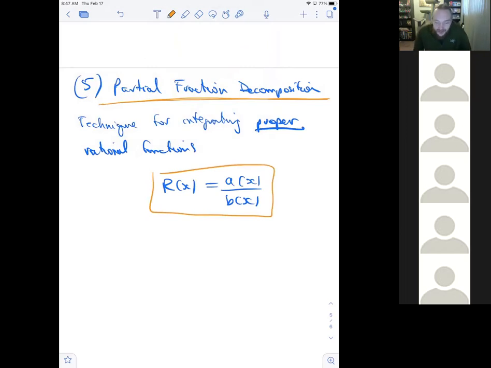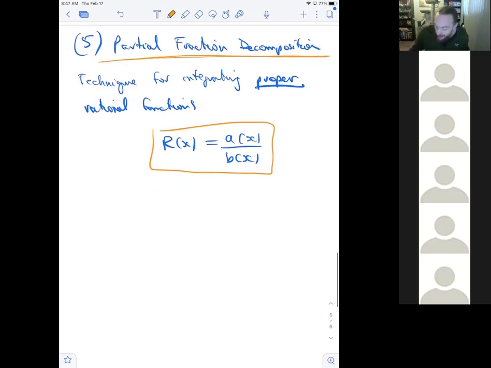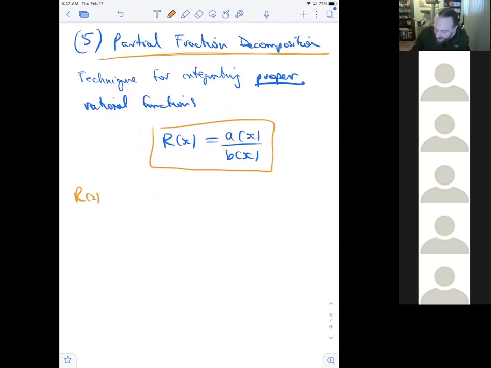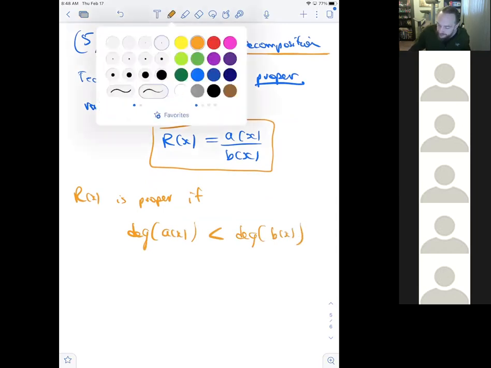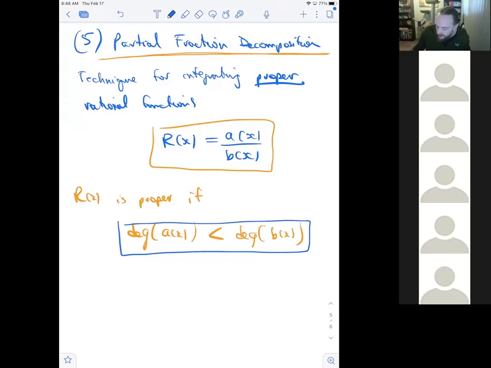In my lecture notes, I go over this in many pages of detail, but the first several pages of this section just deal with how to factor polynomials, because it's a non-trivial task in general. So for us, what do we mean by proper? R of x is proper if the degree of the numerator is strictly less than the degree of the denominator.